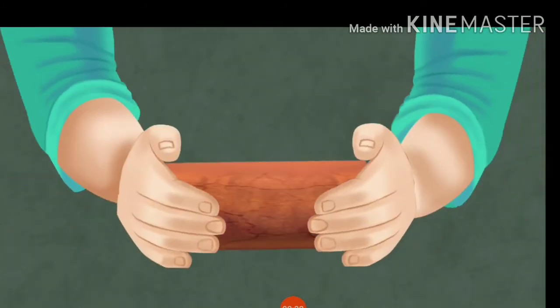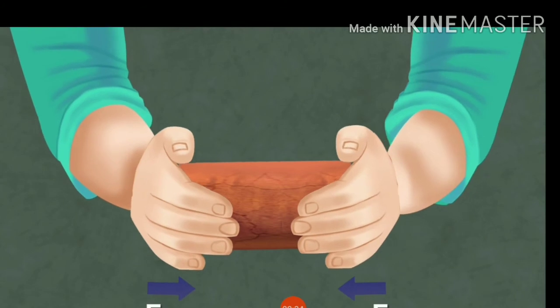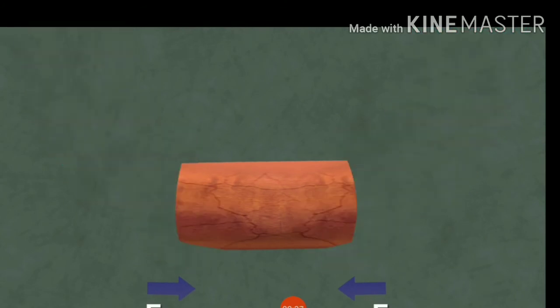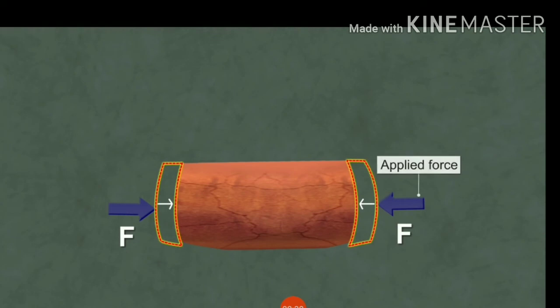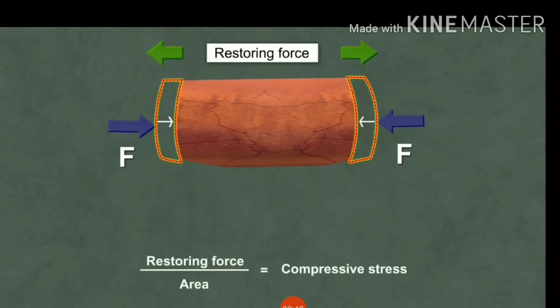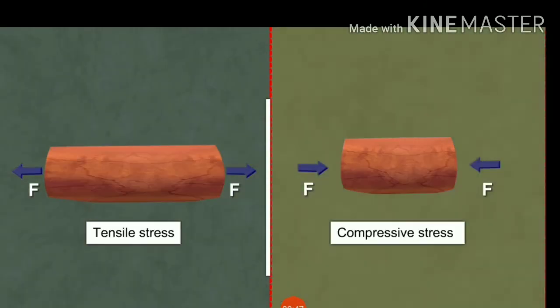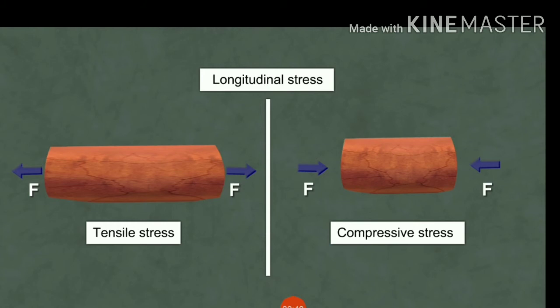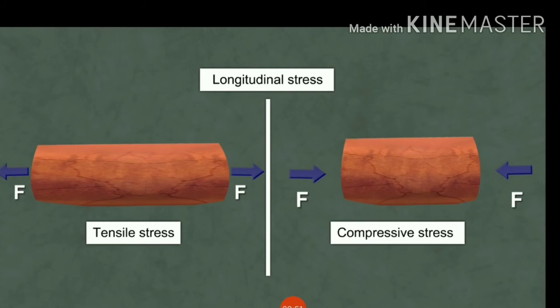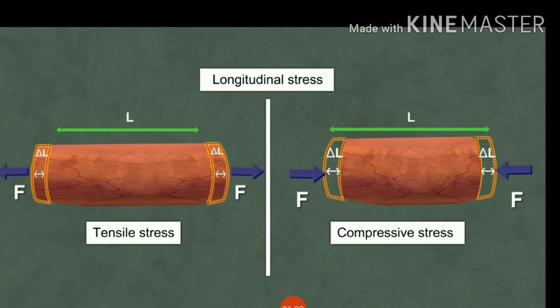Now compress the cylinder on both sides. The length of the cylinder is decreased. Stress in this case is called compressive stress. Tensile stress and compressive stress are together known as longitudinal stress. In both cases, the length of the cylinder changes by delta L. So the ratio of change in length delta L to original length L is called longitudinal strain.